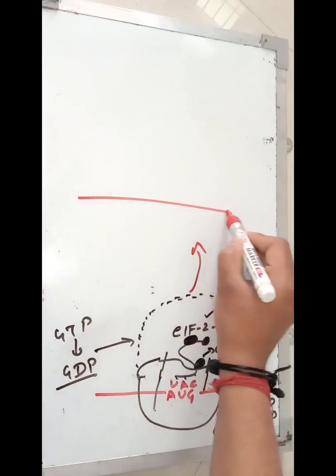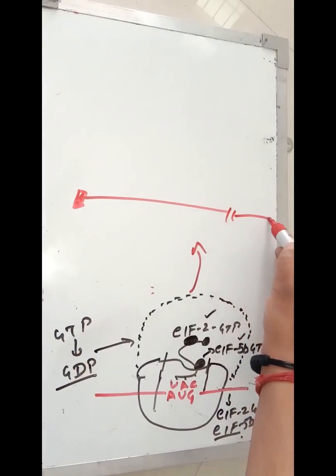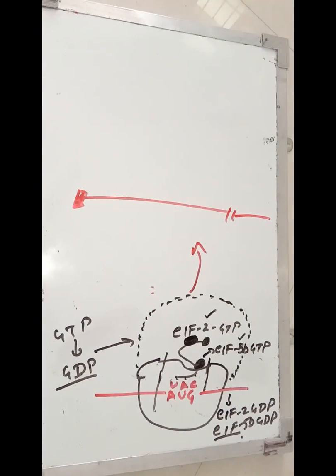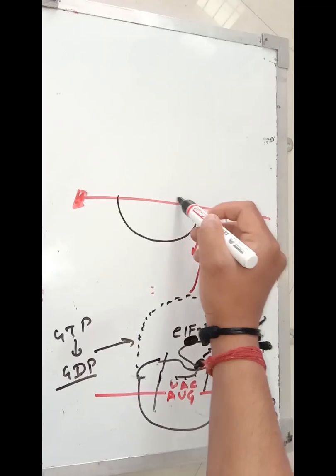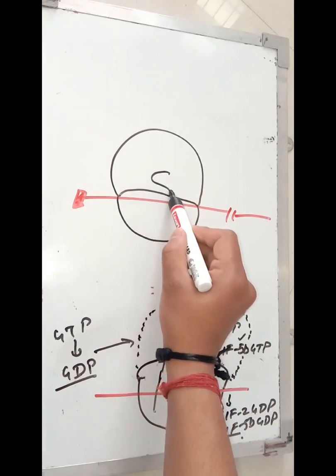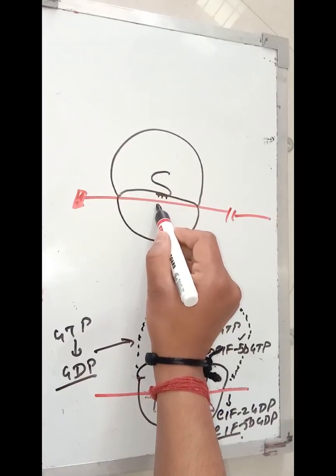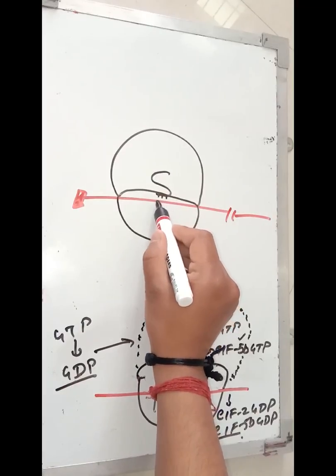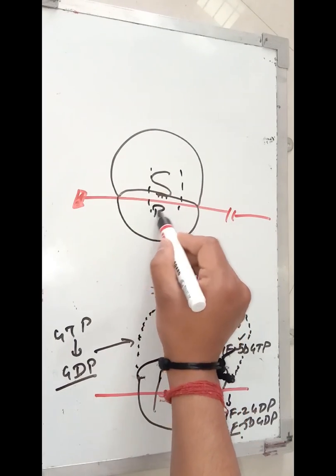Once these factors are released, here we are left with mRNA, small subunit, large subunit. Here is a tRNA linked with mRNA, so it becomes the P site.